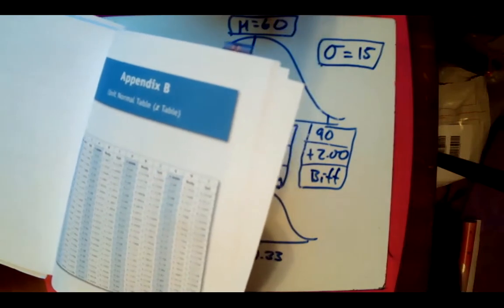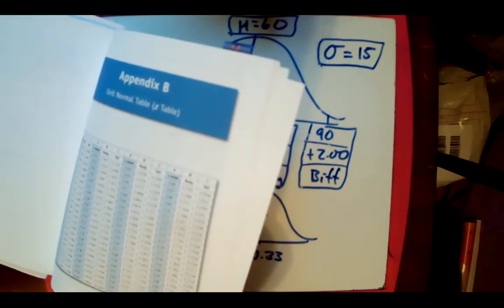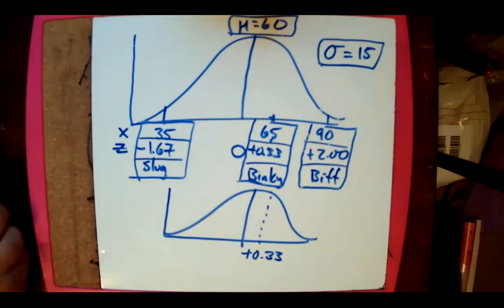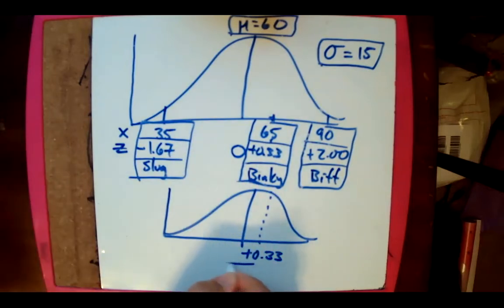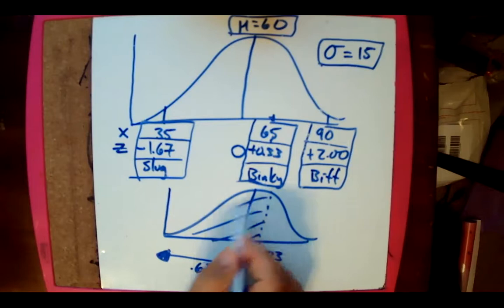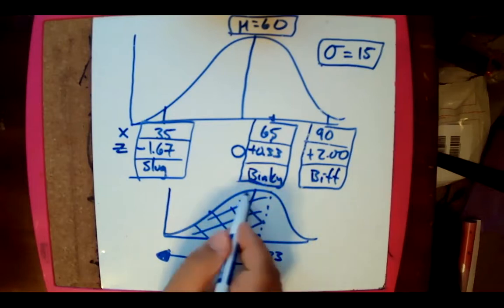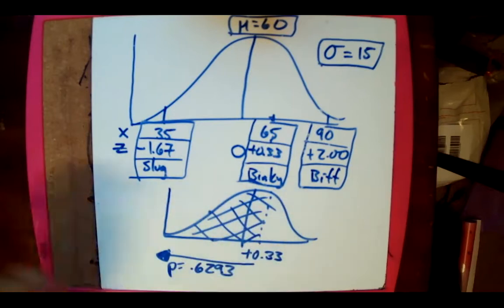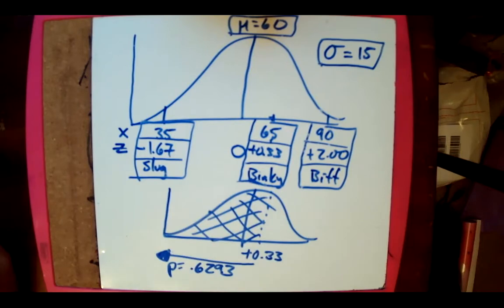So for the body, it says it's a 0.6293. So that's referring to all the scores to the left. This is a 0.6293, right? So our P equals 0.6293, or roughly 63% of the scores.